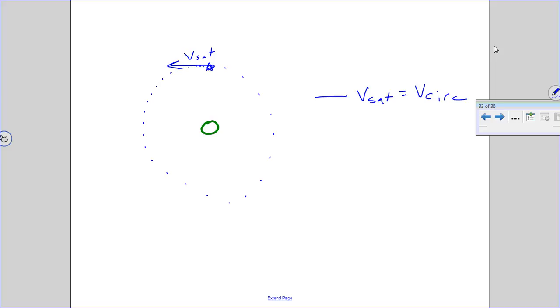What ends up happening if the object is going too fast is it gives you an elliptical orbit outside of this circle. So this red one that I'm about to draw is what happens if the velocity of the satellite is bigger than v circ, the velocity required to go in a circular orbit. And it'll do this, where this is one of your foci, and this is your other focus.